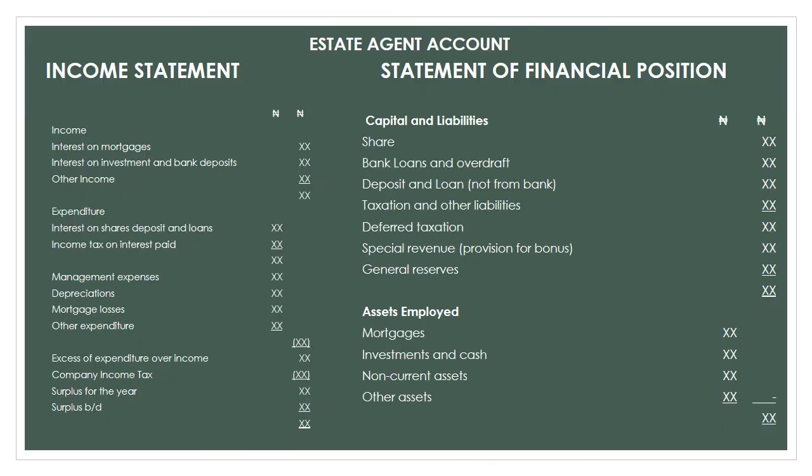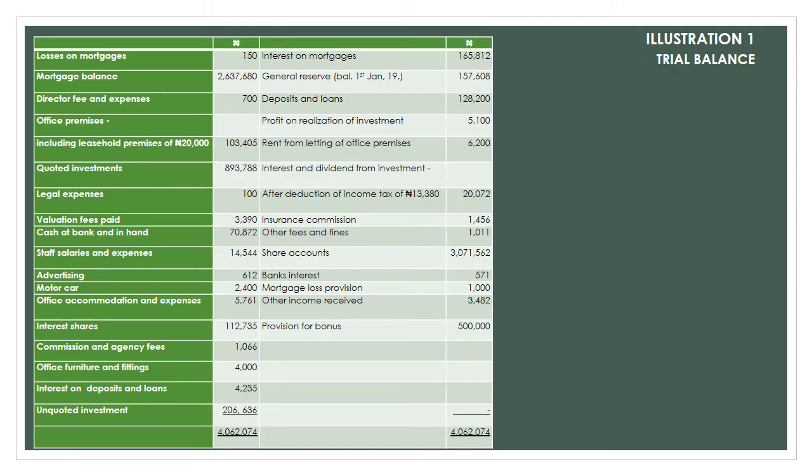The format for this statement, the trial balance here, you see it's presented in T format. All the elements are arranged in T format, and you can see that all the elements on the right hand side of the trial balance are capital.